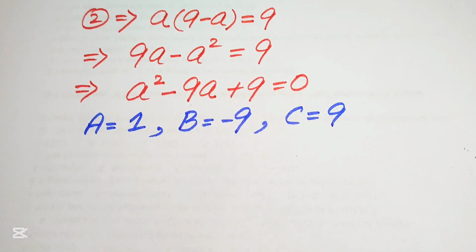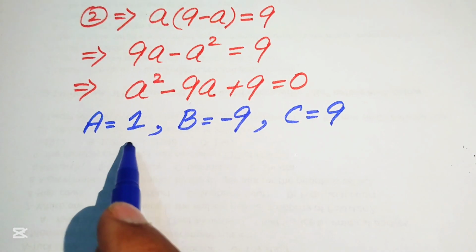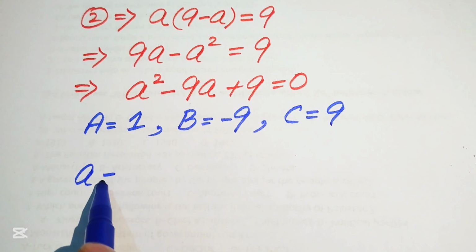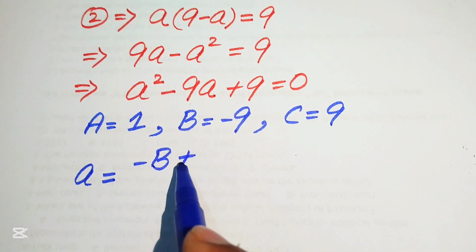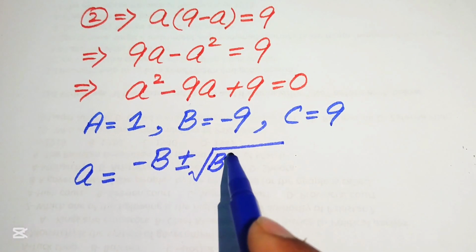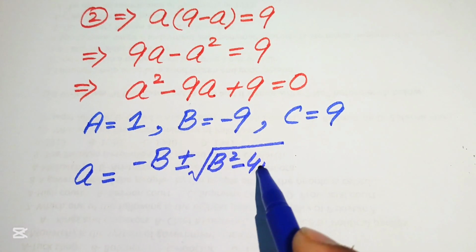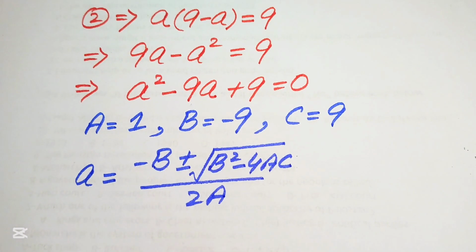So here we use the quadratic formula in order to solve this quadratic equation. You very well know about the quadratic formula. It is stated as a equals minus b plus minus square root of b square minus 4ac divided by 2a.